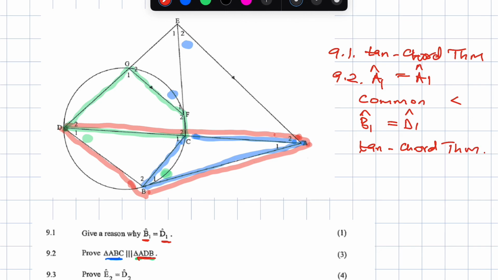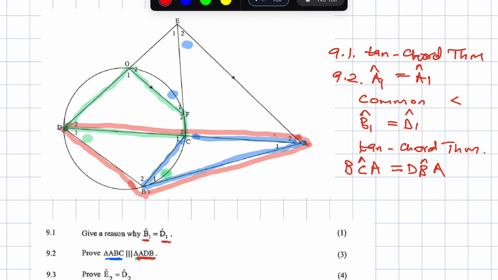Then lastly, angle C in the blue triangle, angle C is equal to angle B. That will be the sum of angles in a triangle. So angle BCA is equal to angle DBA.